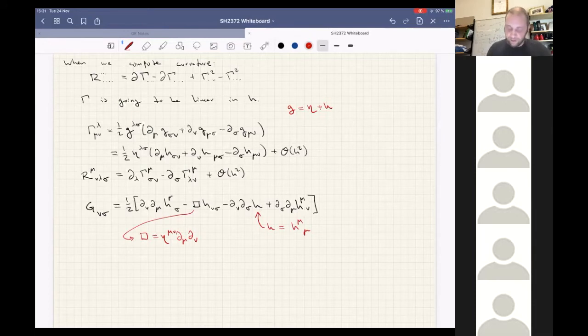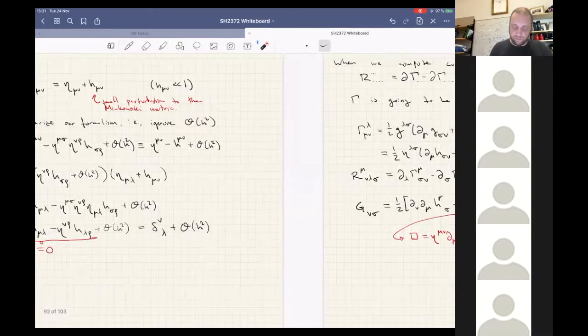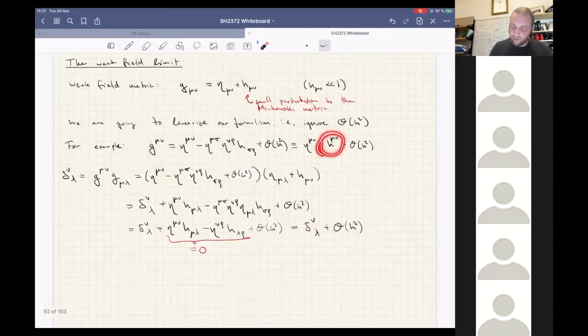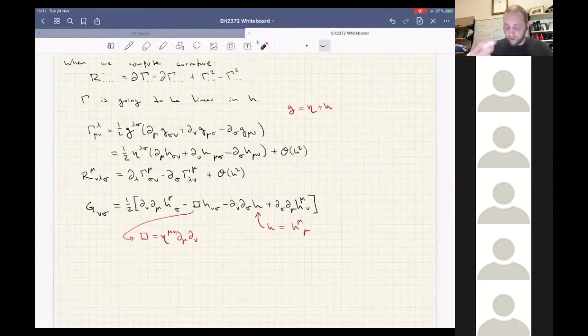Since we raised the indices using this inverse metric, and the only non-linear part here is this eta, essentially we can raise and lower the indices of h just using the Minkowski metric. So this would be equal to eta mu nu h mu nu, so it's essentially the trace of the perturbation. Any questions so far?